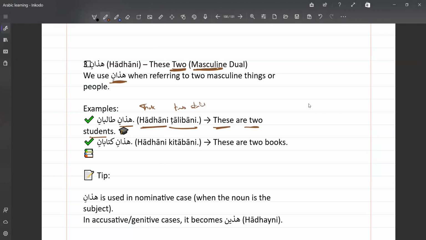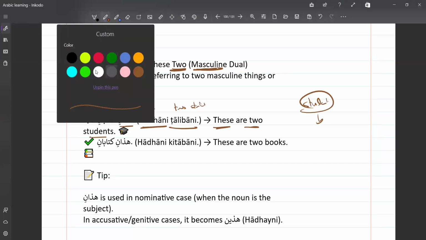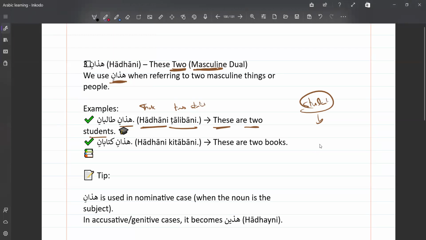A single student in Arabic will be said like طالب. طالب is a single student, and طالبان means two male students, obviously, because we are talking about two masculine things.